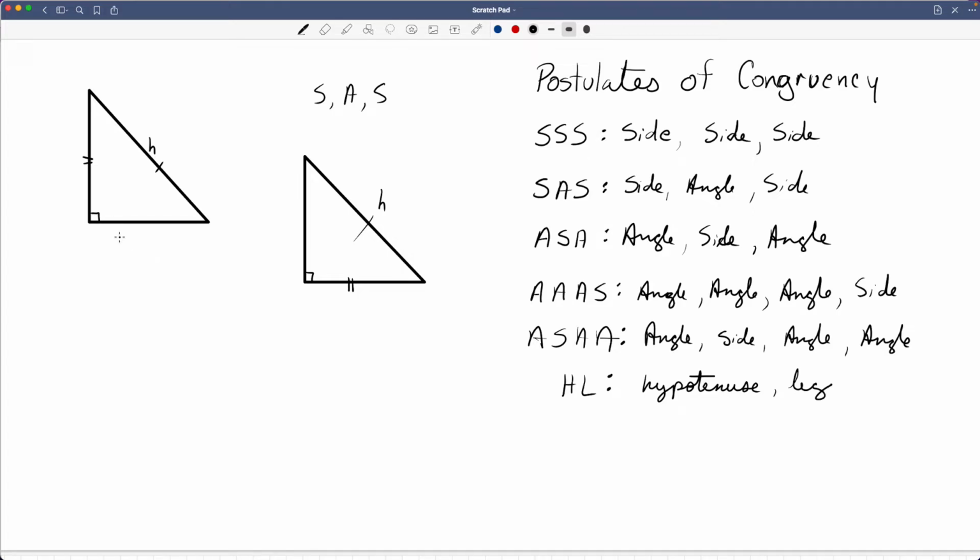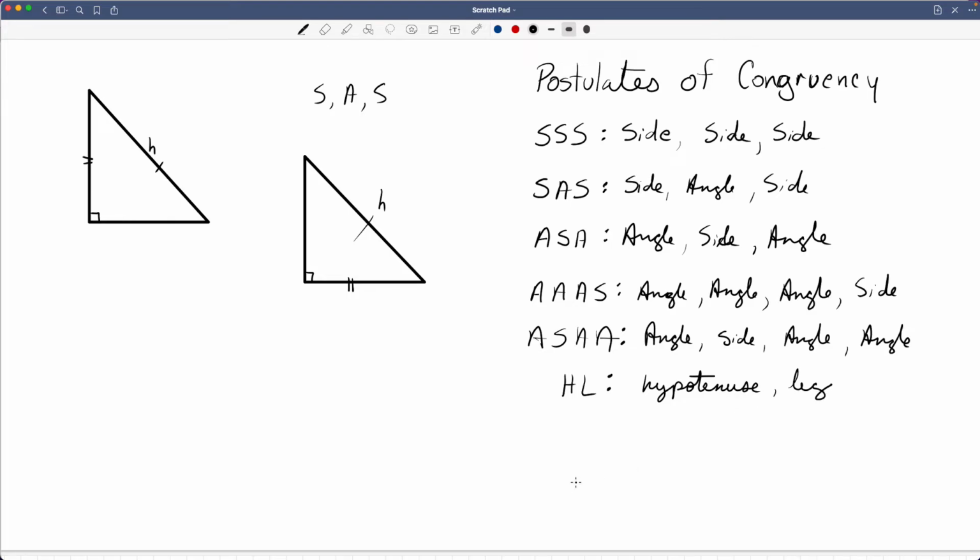But if you have angle, side, side, which is basically this right here, then it is by definition the same postulate of congruency. We can just shorten it and recognize that it is hypotenuse leg, and by default we already have an angle that's included. We know it's a right triangle because it has the hypotenuse. So we're saying that on the front end. It has the angle and the two sides that correspond.